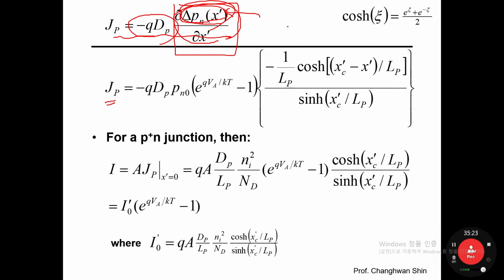So how do we take the derivative of the hyperbolic sine? Just for your information, the hyperbolic sine is defined as exponential psi minus exponential minus psi.